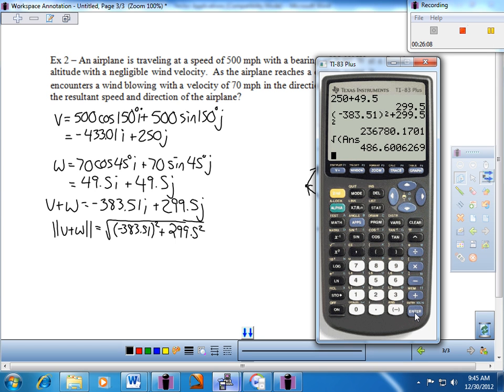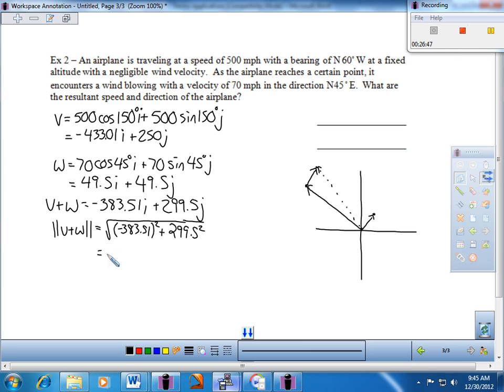And so notice the wind has slowed it down to 486.6 miles per hour. Absolutely perfect. So the magnitude there is 486.6. And in fact, I'm going to go ahead and put that in here. I just have an answer blank on this worksheet, so I might as well use it. And that is the new speed of the airplane, 486.6.